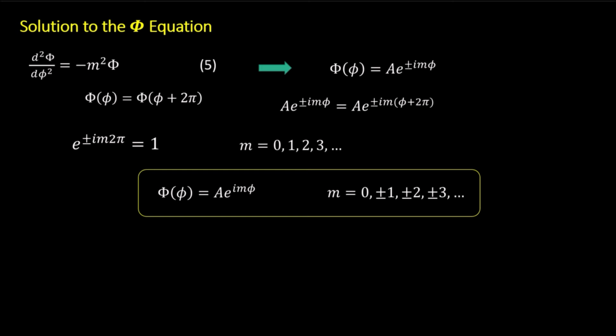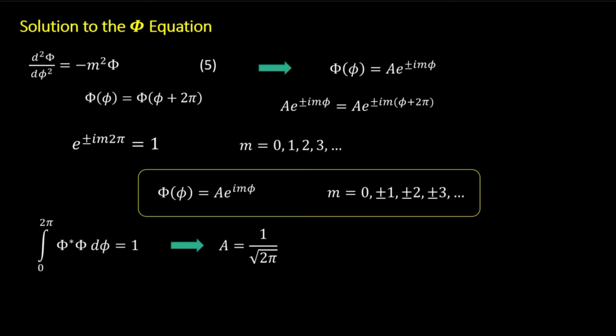To know the magnitude of the constant a in this expression, we have to normalize the wave function. That is, you have to integrate it from 0 to 2 pi, because the angle phi can vary maximum up to 2 pi. So this integral must be 1. Substituting for phi from this equation gives us a equal to 1 by square root of 2 pi.